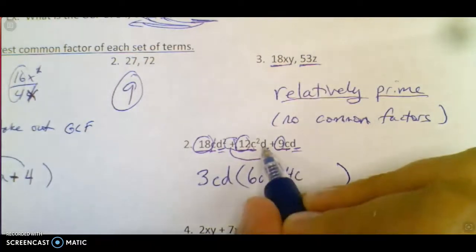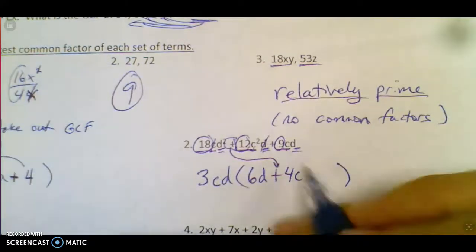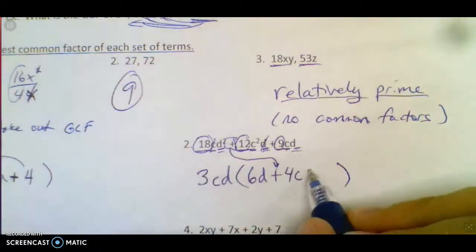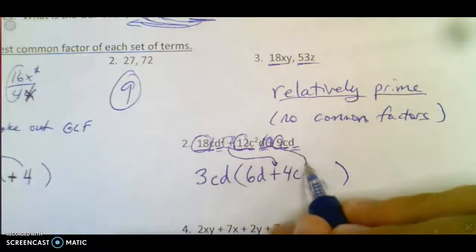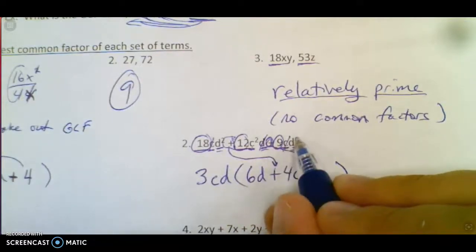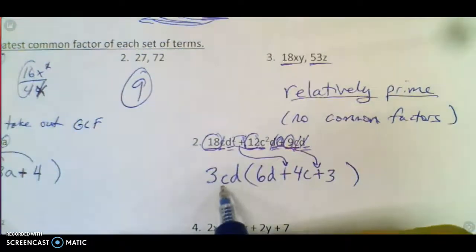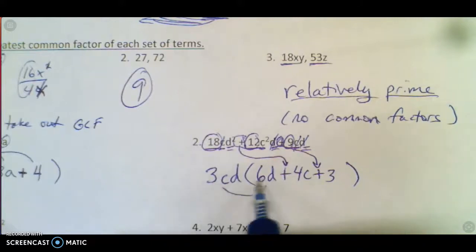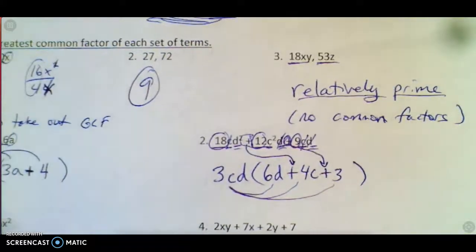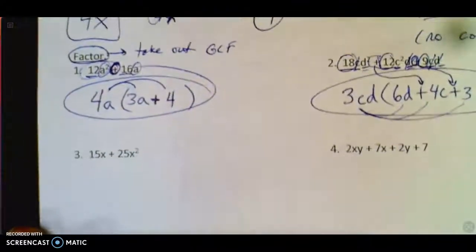So I get C, and I take out one of the D's, and it just goes away. And last but not least, 9 divided by 3 is 3. There's a plus sign because of that dude. 3, and then I take out one of the C's, and I take out one of the D's, so there's nothing left over. If you want to see, did I do it right? Do that times that. 18CD squared. 12C squared D. 9CD. You can tell you did it right by foiling, or distributing is a better word.